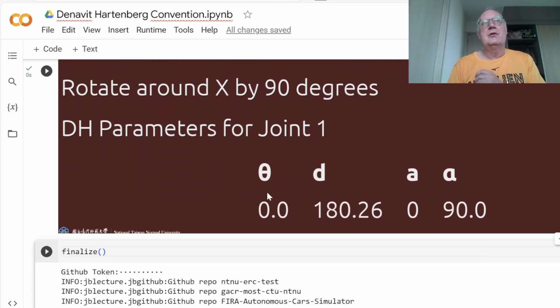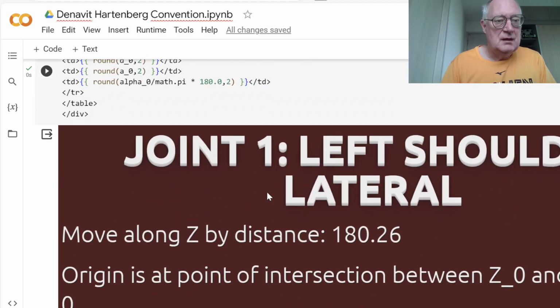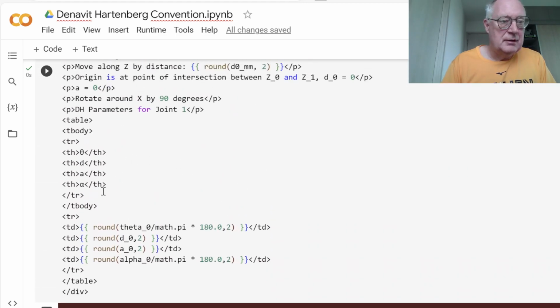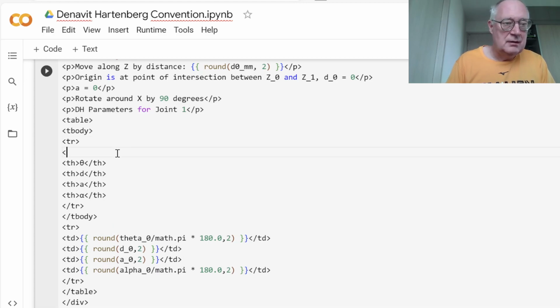So here's our first Denavit Hartenberg parameter, and since I have it anywhere, I can make that table complete as we continue.